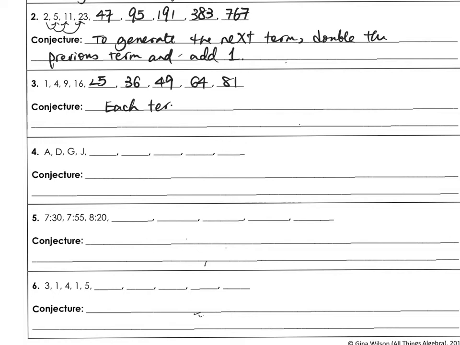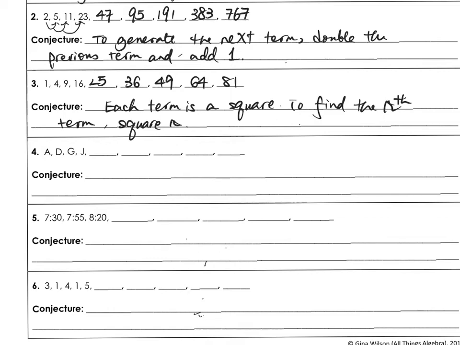To elaborate, to find the nth term, square n. So if I want to find the 5th term, it's 5 squared.